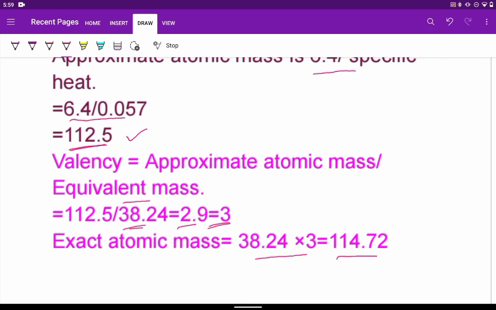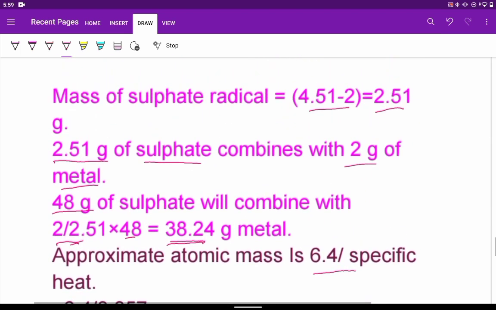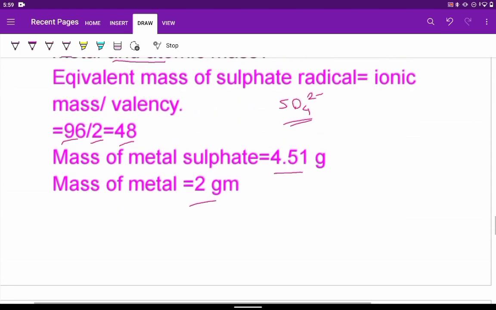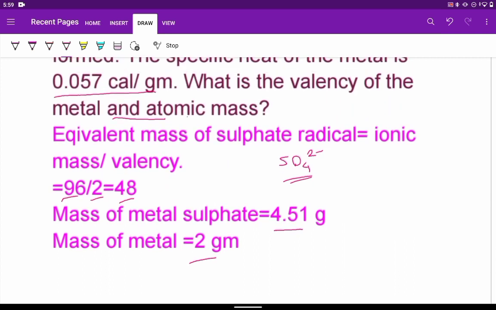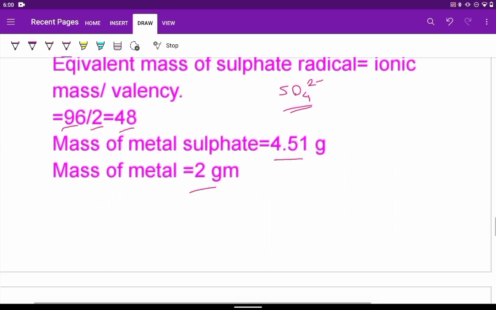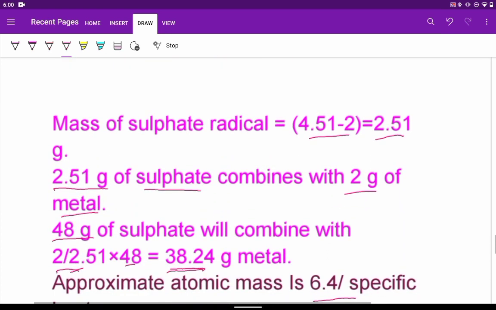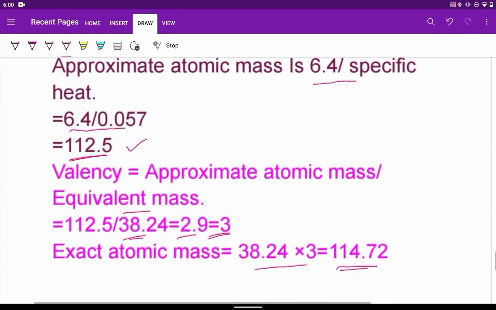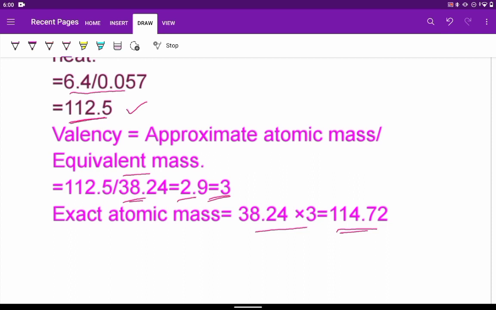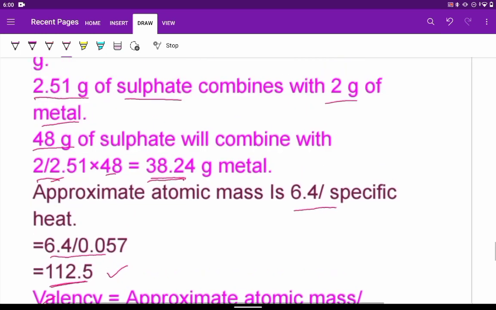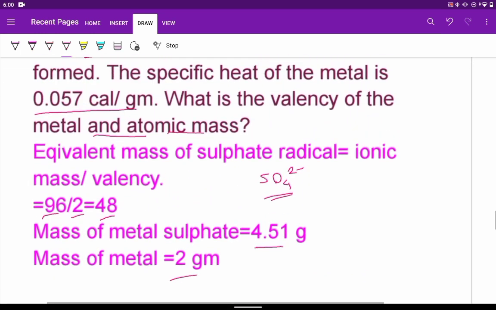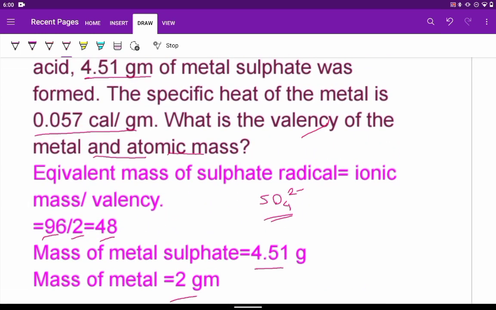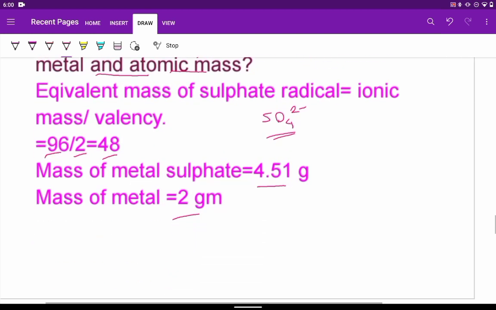The equivalent mass was 38.24 and the valency we calculated is 3, so the exact atomic mass is 38.24 into 3, which is 114.72. In the question they asked us to calculate the valency and the atomic mass, so both are calculated.